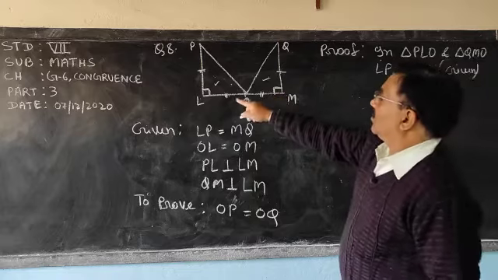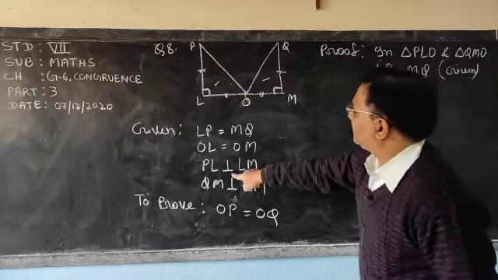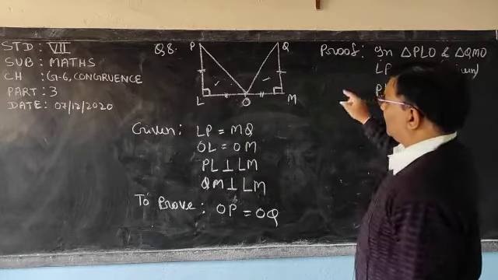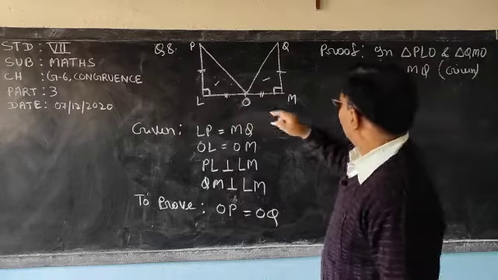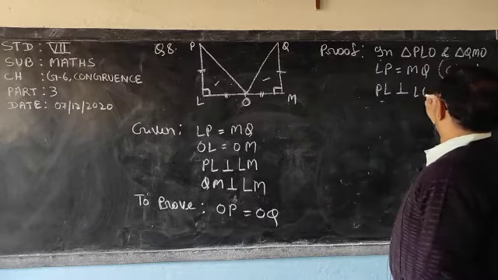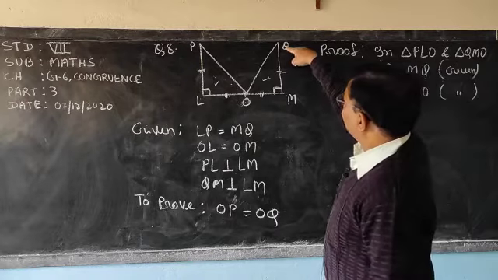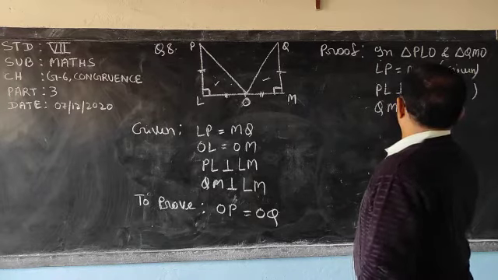Then PL is perpendicular to, no need to write LM, you can write LO. It is also given, and in this triangle QM is perpendicular.